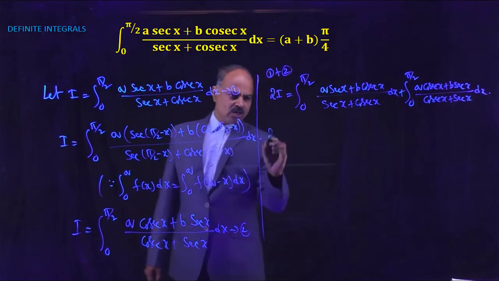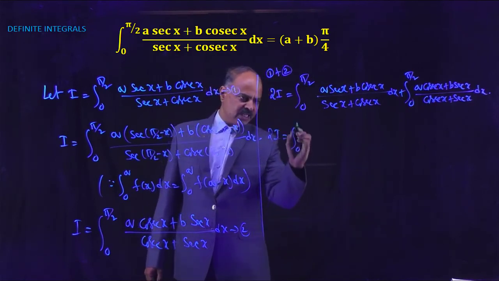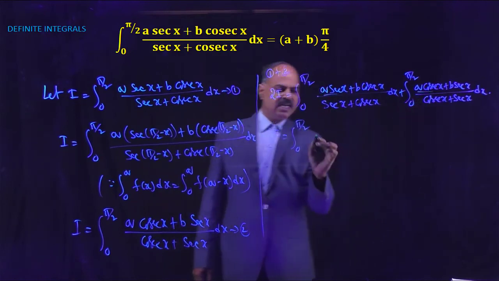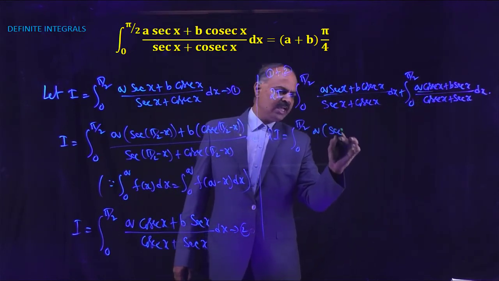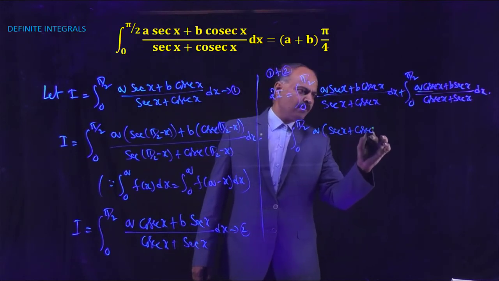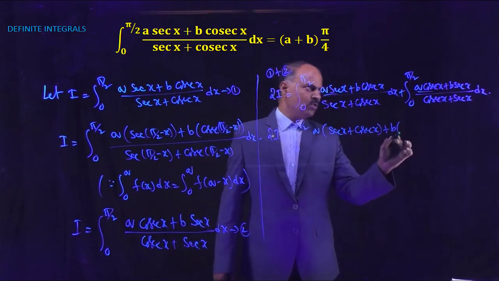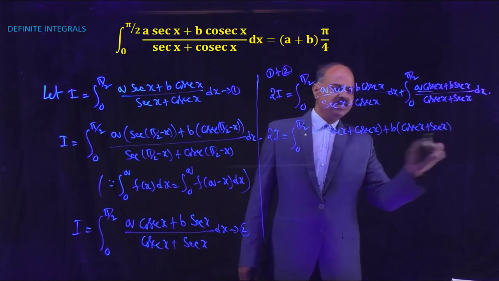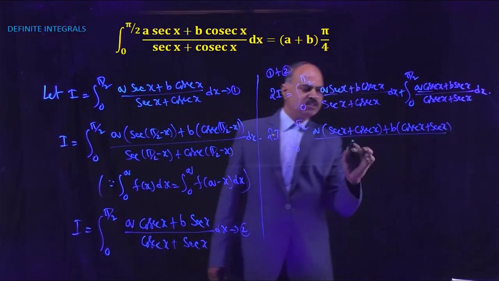Now 2I is equal to the integral from 0 to pi by 2 of (a into (secant x plus cosecant x) plus b into (cosecant x plus secant x)) divided by (secant x plus cosecant x) dx.